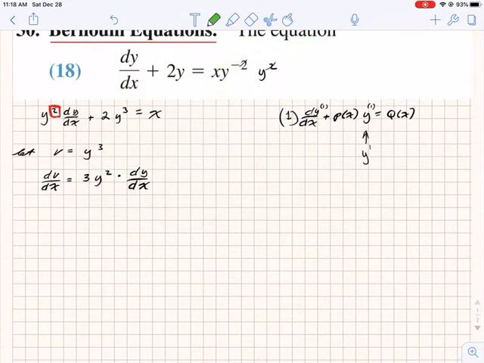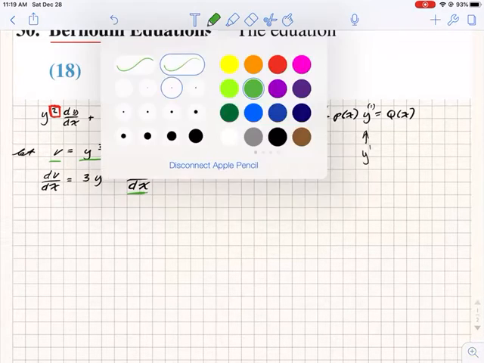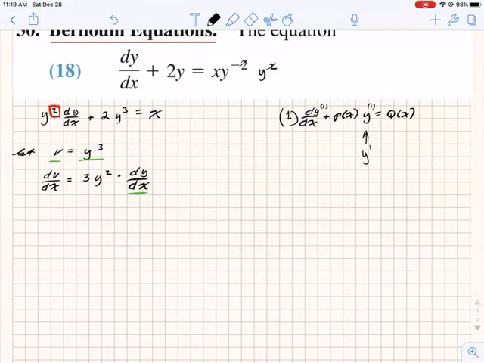So we're going to be letting y cubed equal v, and what is dy dx going to be? Well, if we isolate dy over dx by dividing by 3y squared, we're going to get 1/3 y to the negative 2 power dv over dx.